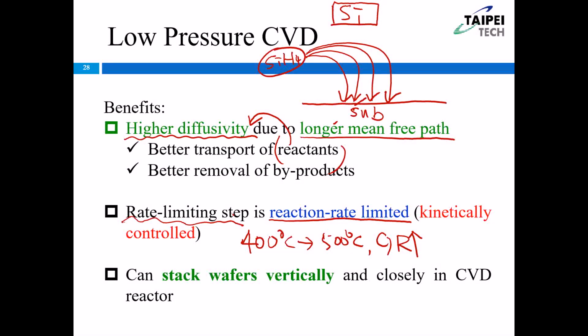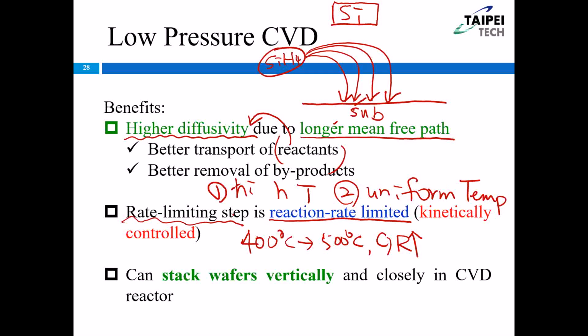So the uniformity of the temperature is important, because the temperature determines the growth rate. High temperature is important, and uniform temperature is also important.